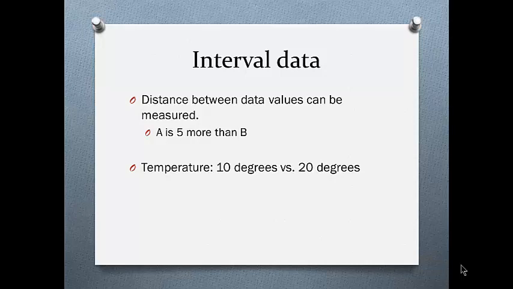But what's not here is the idea of 0. Now, yes, you can have 0 degrees, but 0 degrees does not mean no temperature. It's just another point on the scale. It's almost arbitrarily put on the scale. And because there's no real 0, we can't say 20 degrees is twice as warm as 10.